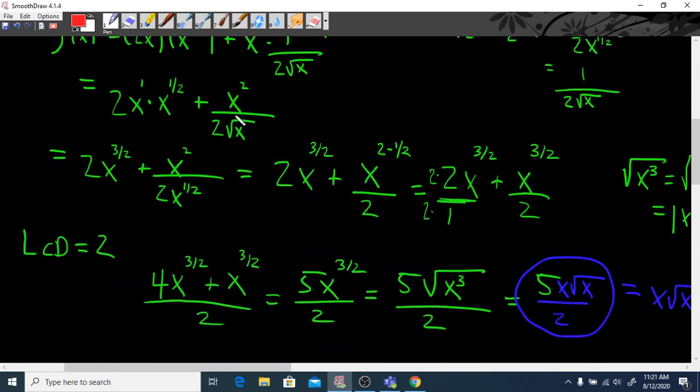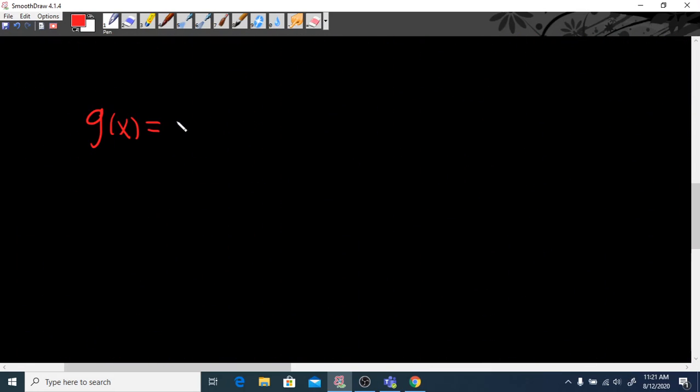Here's what I'm talking about. So the function in question was x squared, square root of x. And what we can do is we can simplify this ahead of time.